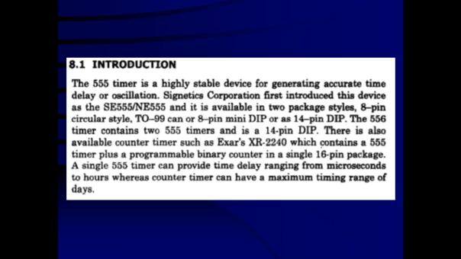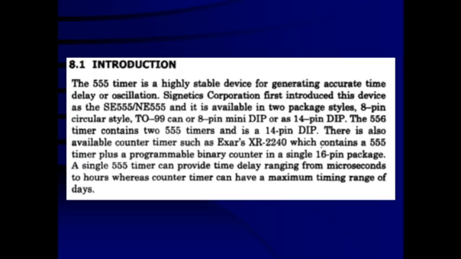There is also a counter timer available, such as XR 2240, which contains a 555 timer plus a programmable binary counter in a single 16 pin package. That means this particular IC, developed by XR, contains a 555 timer as well as a binary counter.